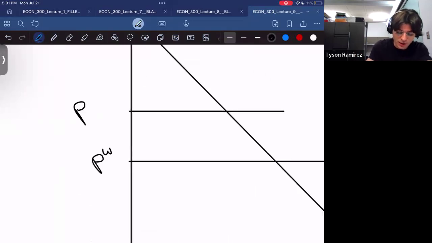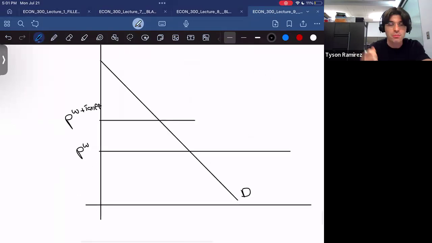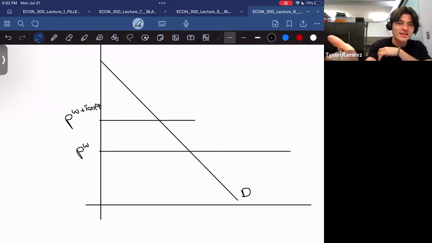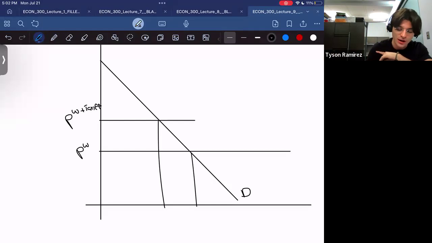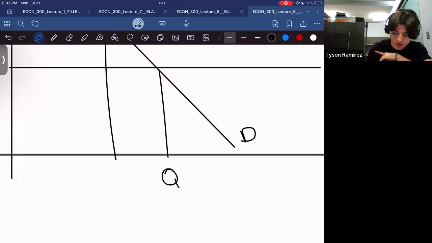Well, if we add a tariff and we're paying the world price already, but the government says, no, no, you have to pay us some more, well, then those foreign producers are going to just charge us more for it. They're going to just add that tariff onto us. And so we get the same results: the price is now higher and quantity is now lower. Go from Q to Q prime.